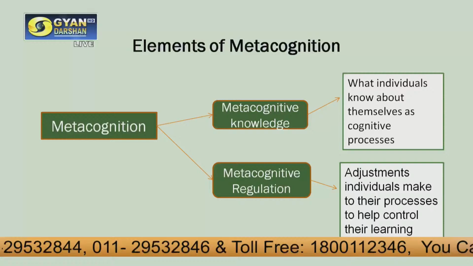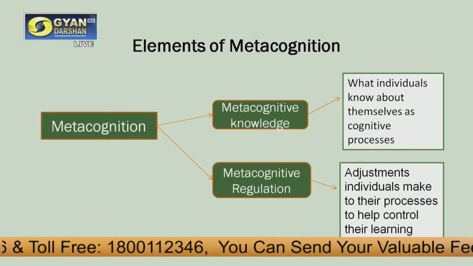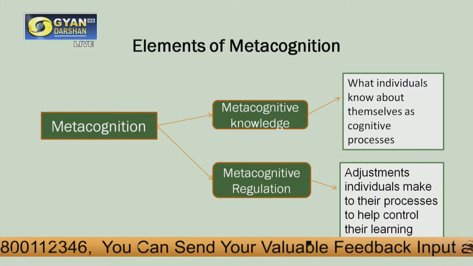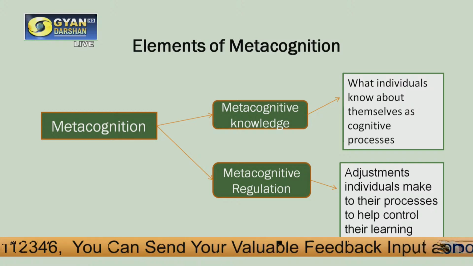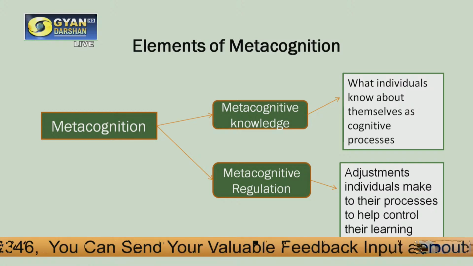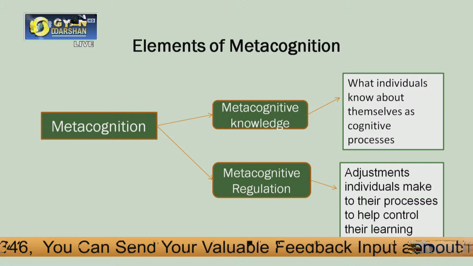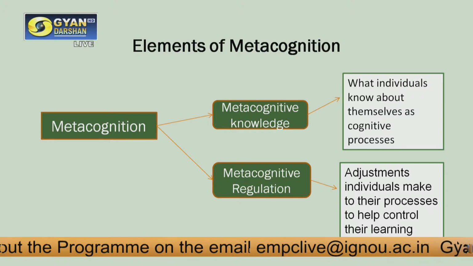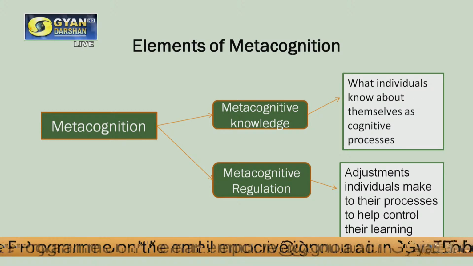And when we look at the elements of metacognition, what we can see is that it can be divided into two, that is metacognitive knowledge and metacognitive regulation. What do we mean by metacognitive knowledge? What individuals know about themselves and cognitive processes, that is known as metacognitive knowledge. Whereas metacognitive regulation is the adjustment individuals make to the processes to help control their learning.